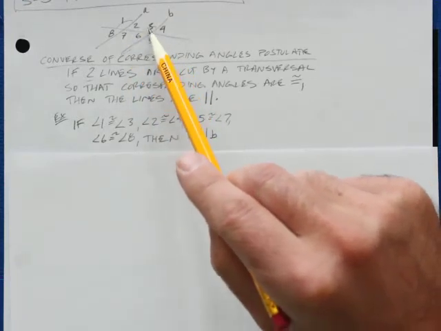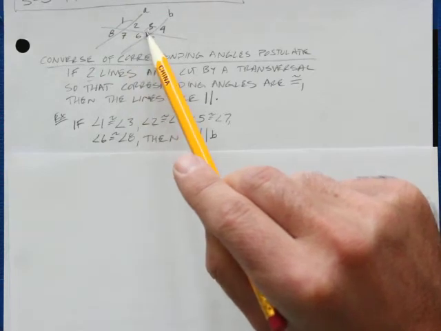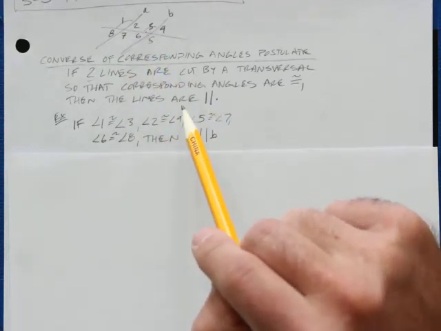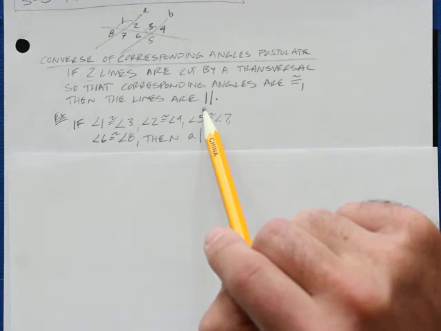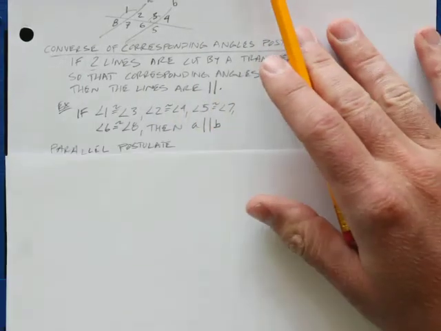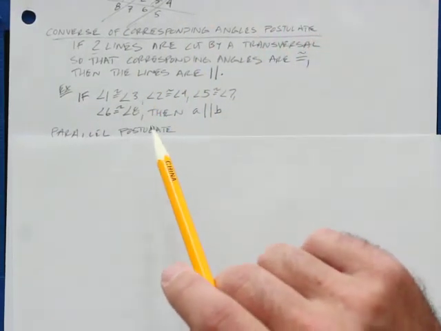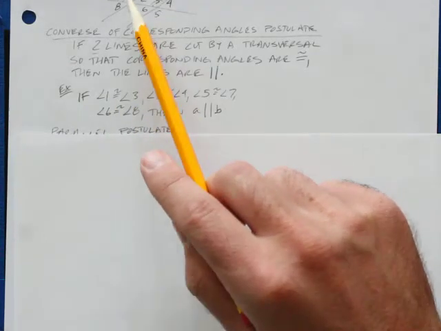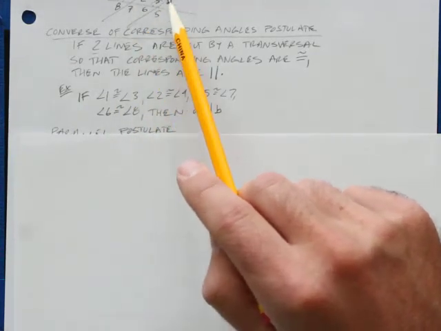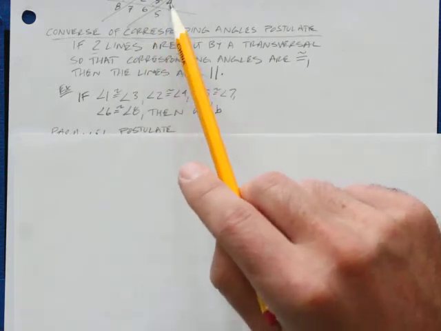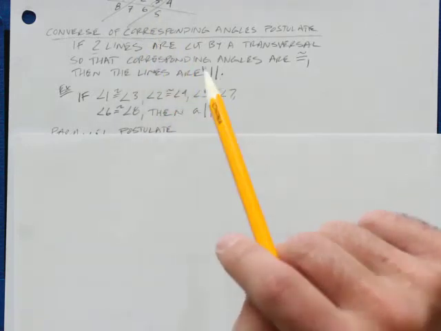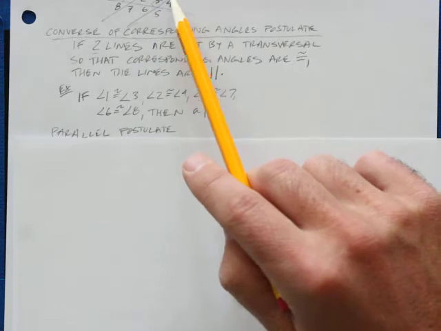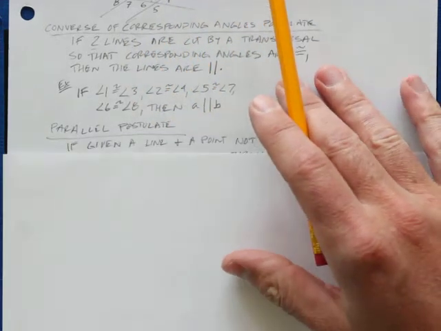This is saying if the angles are congruent, then they are parallel. So if angle 1 and angle 3 are congruent, angle 2 and angle 4 are congruent, we're just listing all of these corresponding angles, then A is parallel to B.